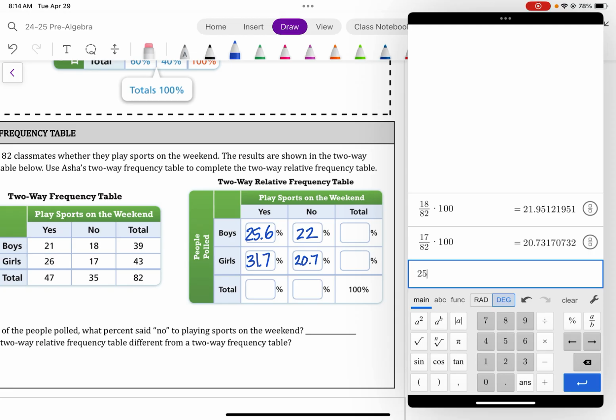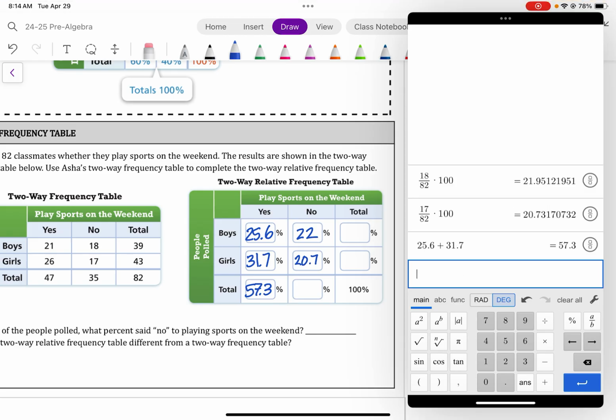So when I add the row of people that said yes, I'm adding 25.6 plus 31.7 to have 57.3%. Now I'm going to do the same thing for the people that said no. 22 plus 20.7 is 42.7. And we want those on the bottom, we want the totals to make 100%.